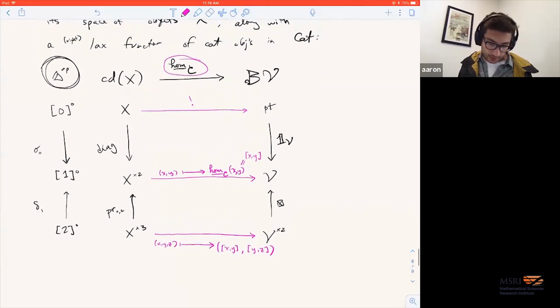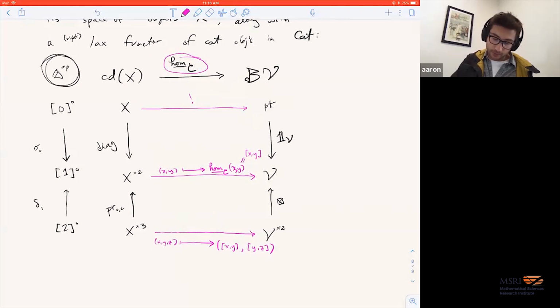Okay, so that is the level by level data. But then this is not supposed to commute, rather it's right lax. So the directionality ends up meaning that there's a morphism this way, first of all. What does that mean? Well, for each point in the space X, I'm supposed to name a morphism.